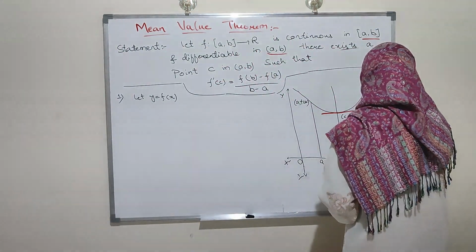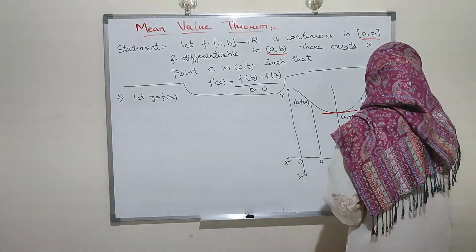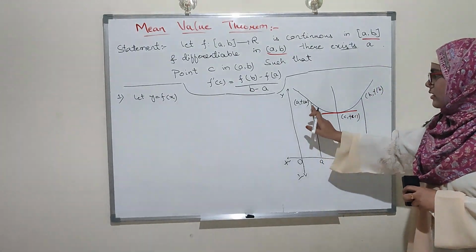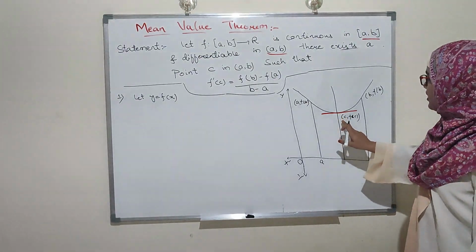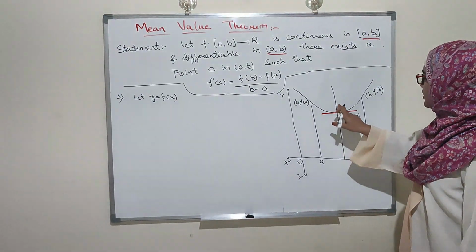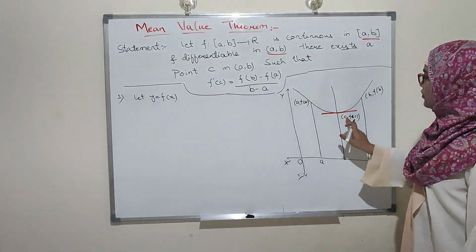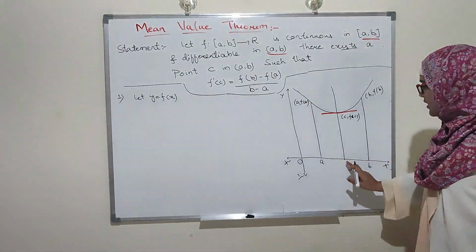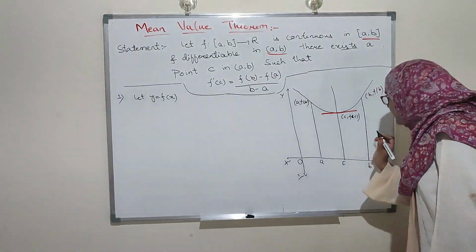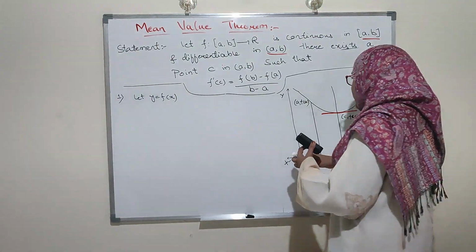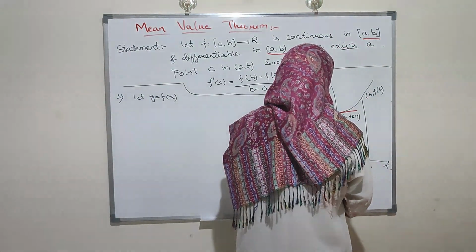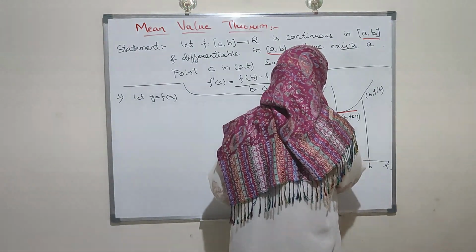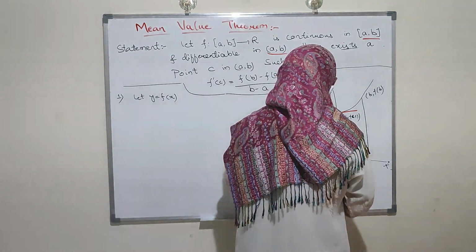This point is B comma f of B. This is the point where the curve touches the tangent, so it is C comma f of C, and this is the point C. Now draw another line, joining these two.